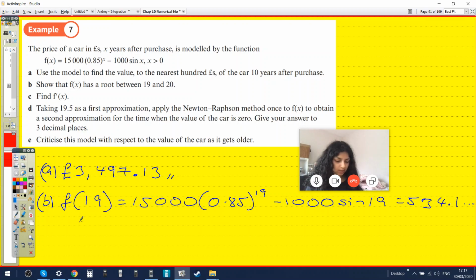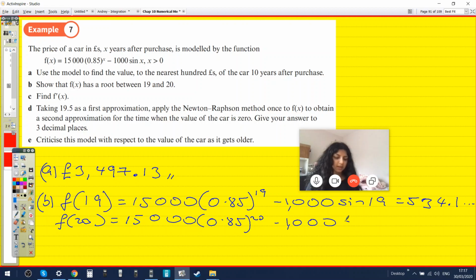Okay. And 20 should be negative. f of 20 is minus 331.55. So there's a sign change and the function is continuous.